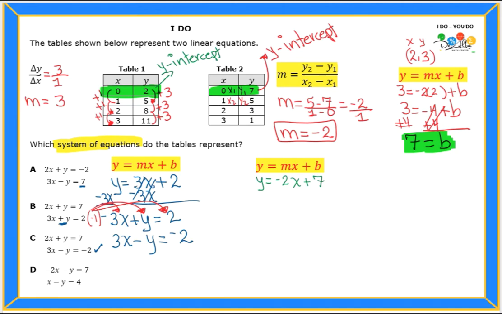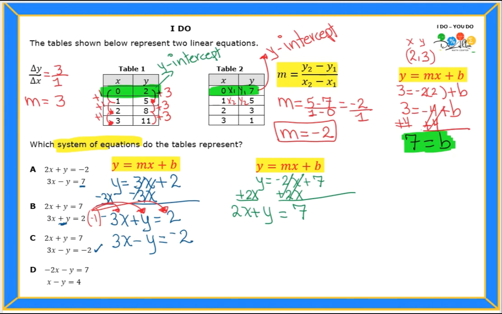I need to move x and y to be on the same side, so I will be moving the negative 2x. So I am going to do plus 2x. Whatever you do on one side, you do to the other side. So my 2x cancels out, and I get a 7. On the left, I got the 2x plus the y that was already there, and that equals 7.